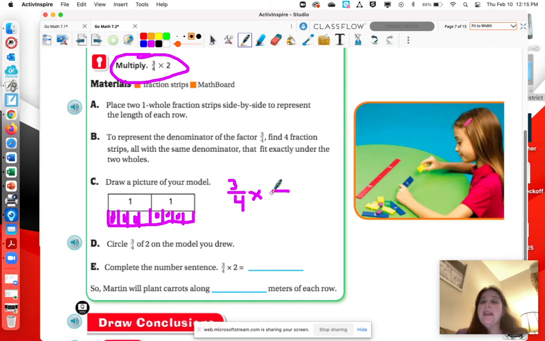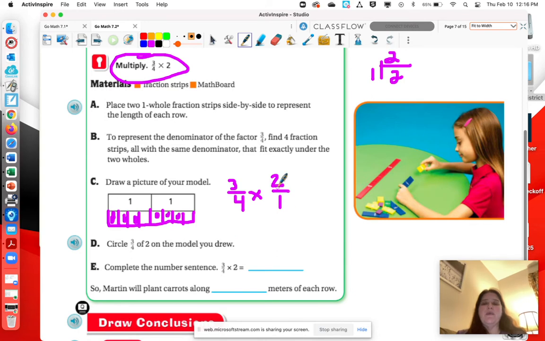To make a number bigger, the number has to be an improper fraction. And we were fixing those as we were going when we were adding. But to make an improper fraction and keep it the same number, you're going to put a 1 on the bottom. So if I put that 2 on the top and put a 1 on the bottom, 2/1 is just 2. Remember, a fraction bar means to divide. So if I put a 2 here and a 1, 2 divided by 1 is 2.